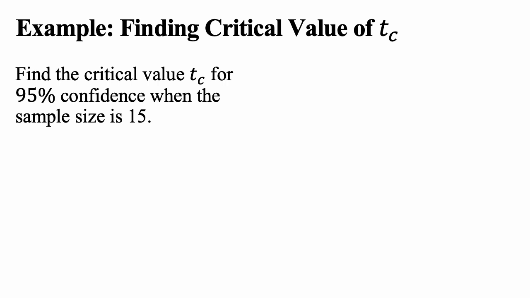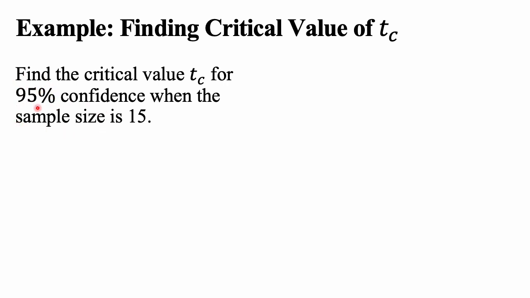How are we going to find the critical value for the t-distribution? In the previous session, we used the normal distribution, and that was Zc. Here, our critical value for the t-distribution is Tc. Confidence level is 95%.